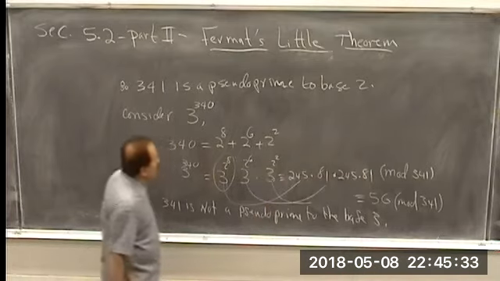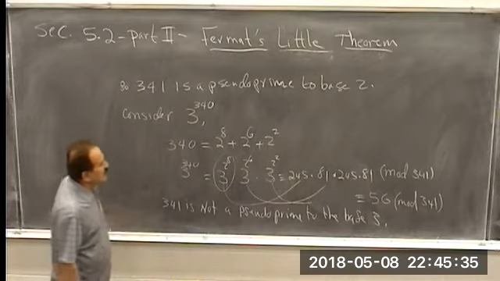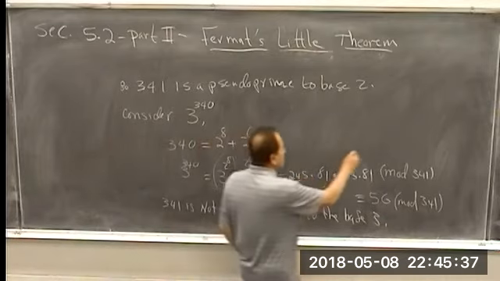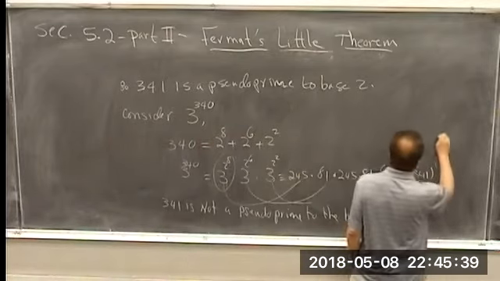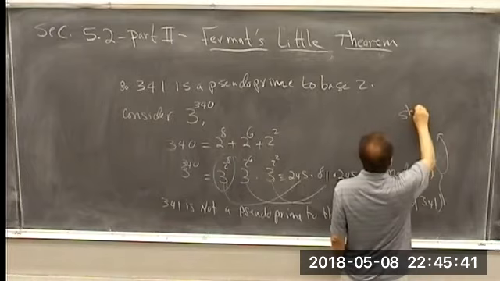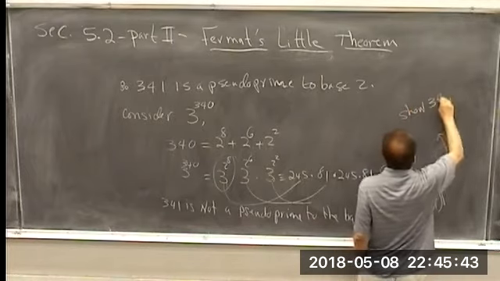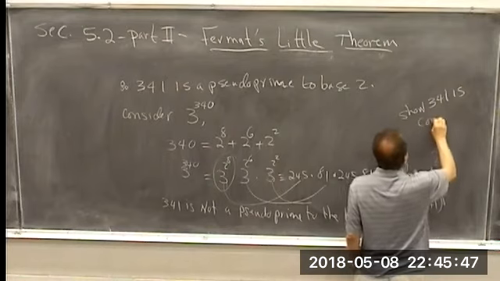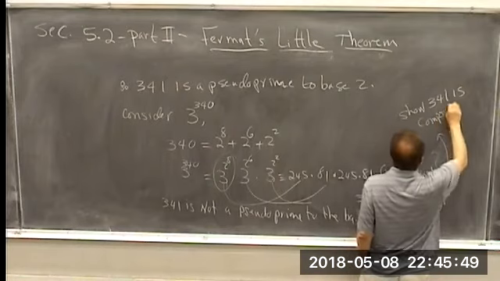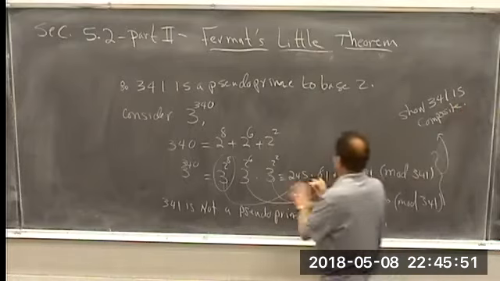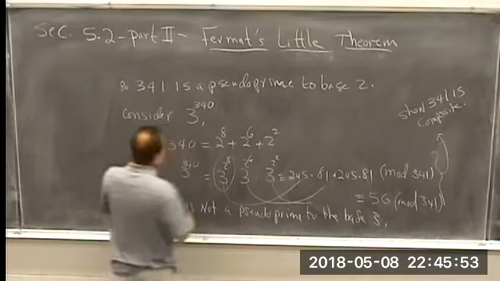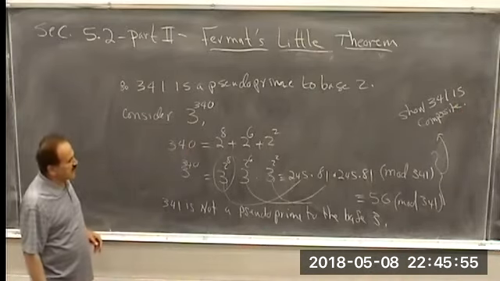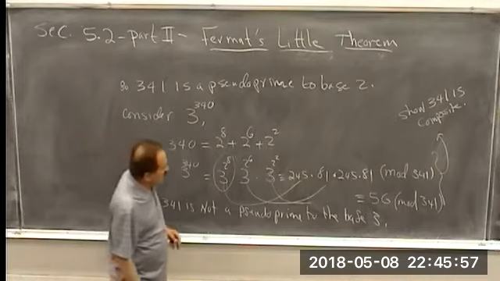At the same time, these calculations also show 341 is composite. And we didn't use any factoring in here. We just used fast exponentiation, and that's what we have.